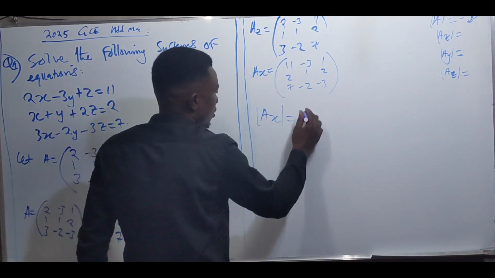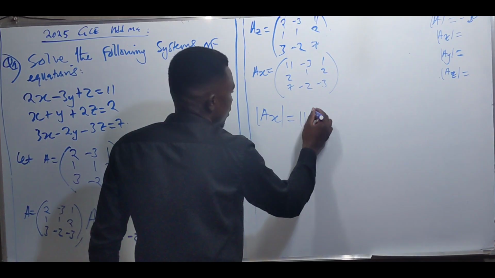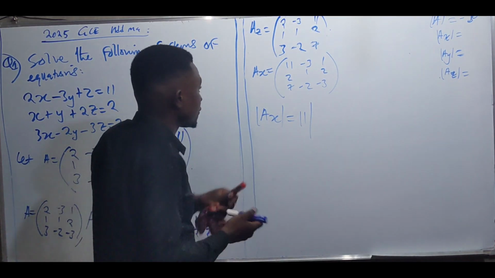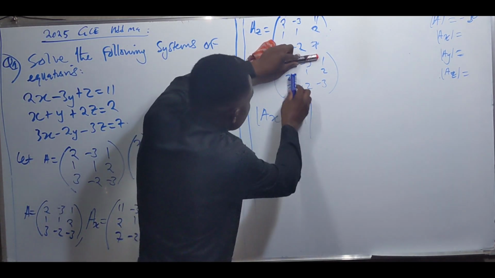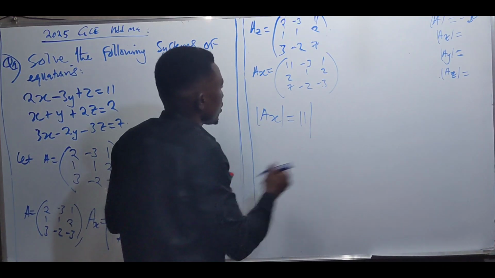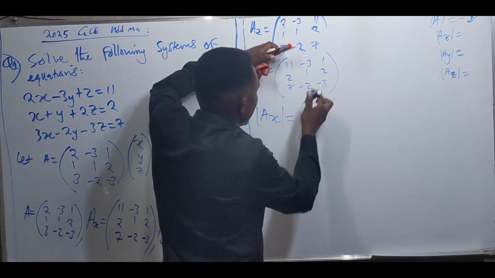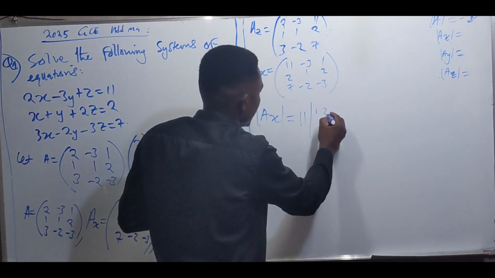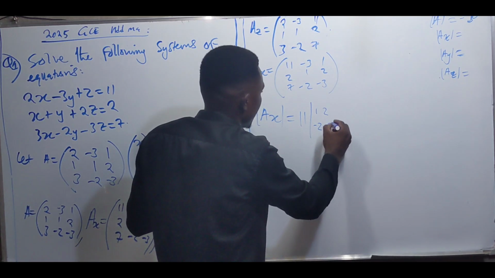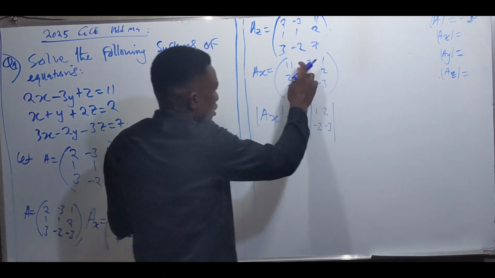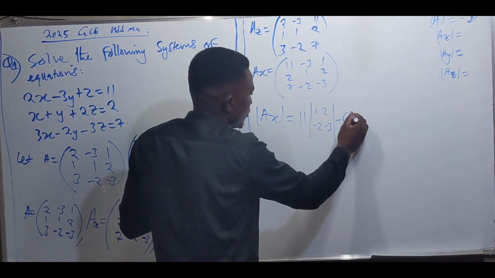So the first one is positive. If I delete this, what am I going to remain with? I'll remain with 1, 2, 1, 2, negative 2, as well as negative 3. The second one is a negative.